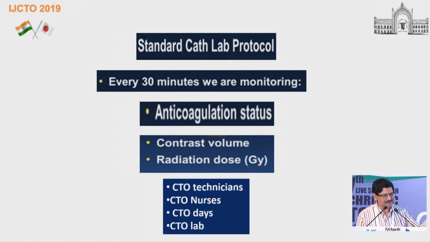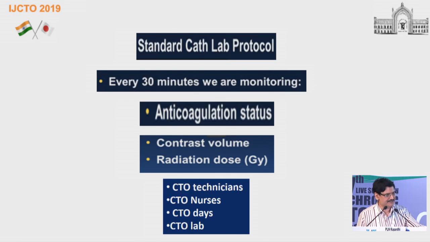And we should identify and train the technicians, especially for the CTOs, so that we can discuss with them where we have gone wrong, or where we have deviated from the procedure. And we should identify the nurses, especially for CTO techniques, so that they can give suggestions in between.